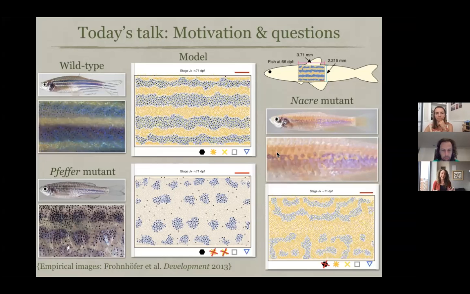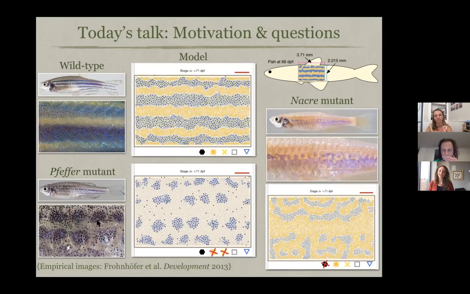And kind of to add to the complexity here, one of the other big challenges is that wild type fish are pretty reliable, but mutant zebrafish are quite messy. So you're not necessarily trying to live or die by reproducing a pattern that looks just like this.